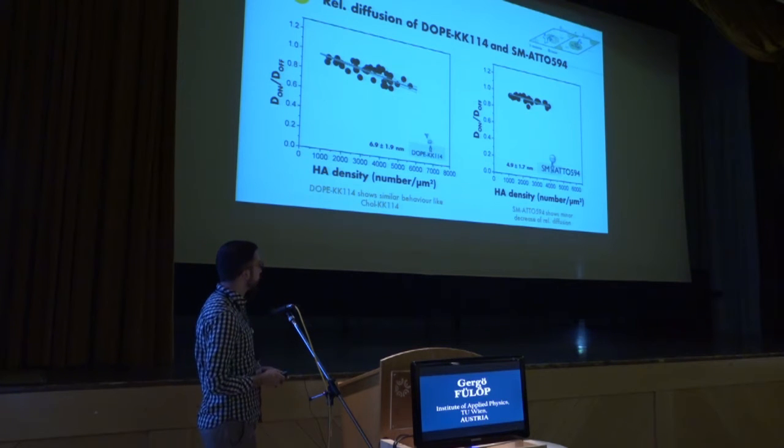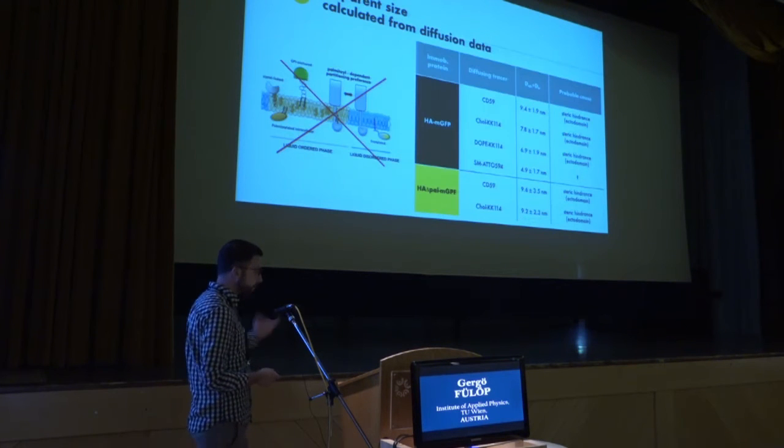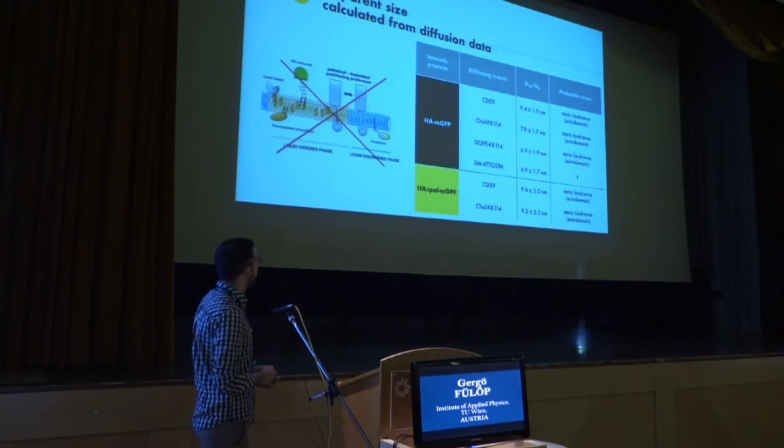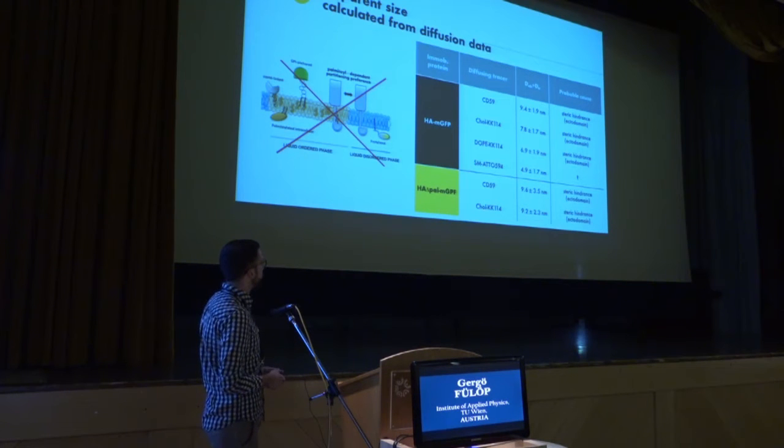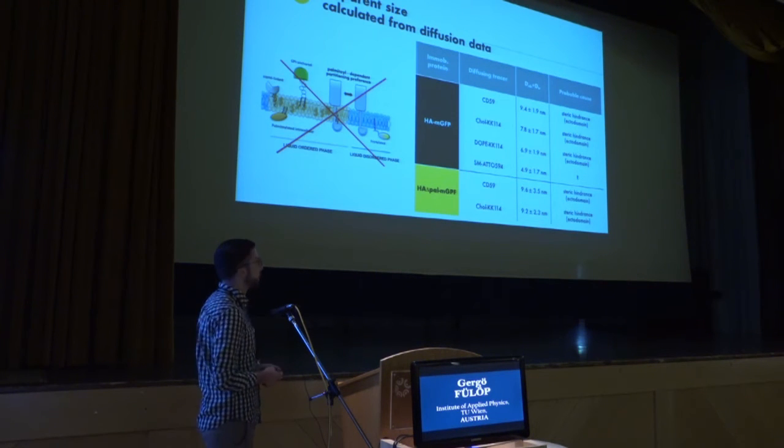So to put these numbers and results in a table, what we depicted here is the case when you have a palmitoylated protein, HA-GFP, and a depalmitoylated one, and again, you can see that there is no big difference between CD59 and cholesterol. And what is most probable, what happens here, that actually there is a steric hindrance between the probe molecule and the obstacle.